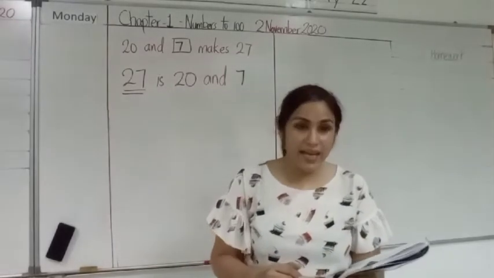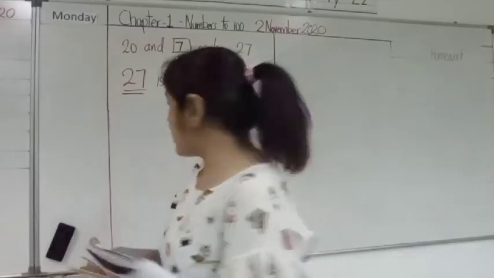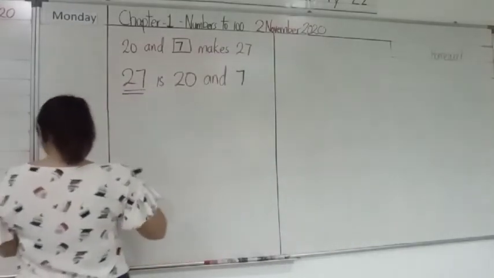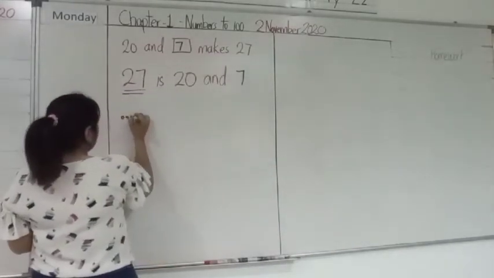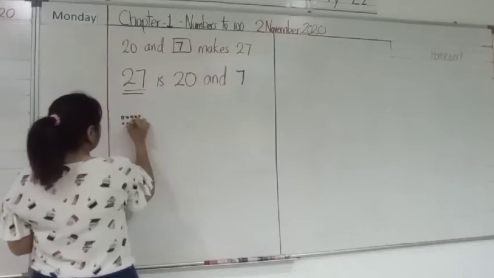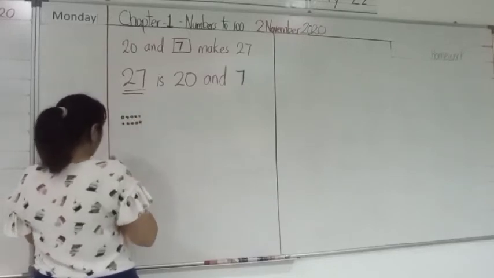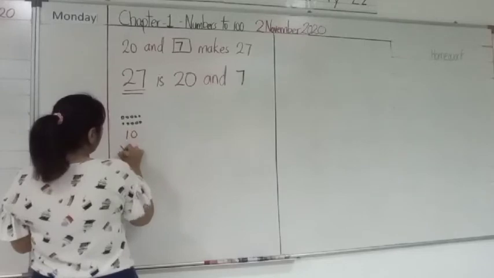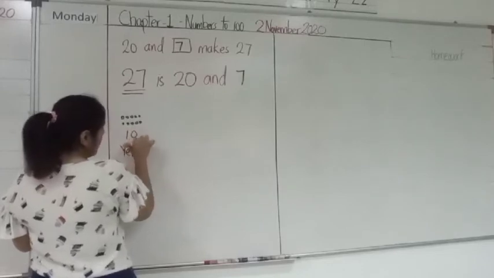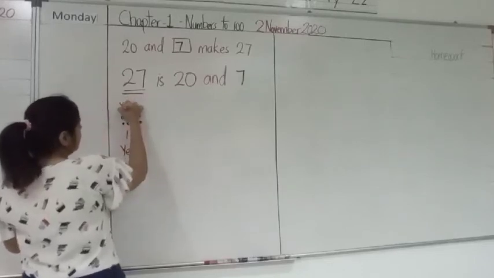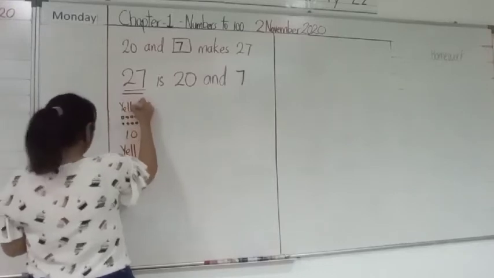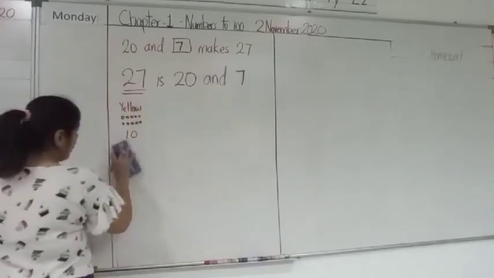But there are 8 blue buttons. So let's do this. 1, 2, 3, 4, 5, 6, 7, 8, 9, 10. There are 10 yellow buttons. Write down 10 here below the yellow buttons.